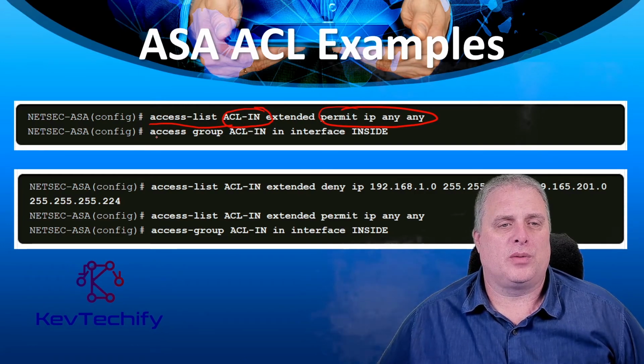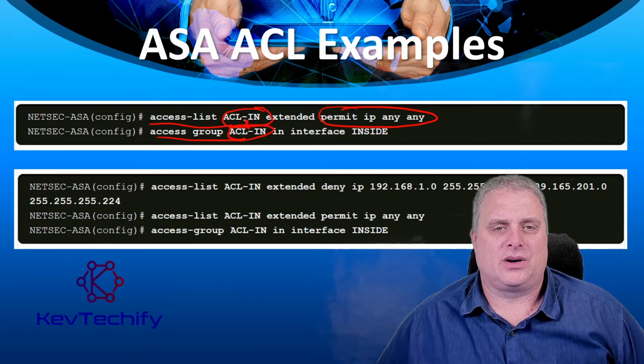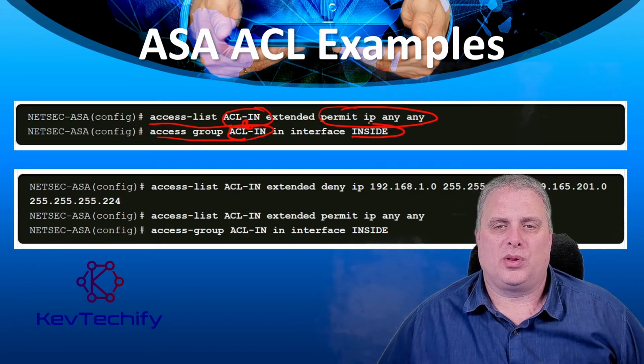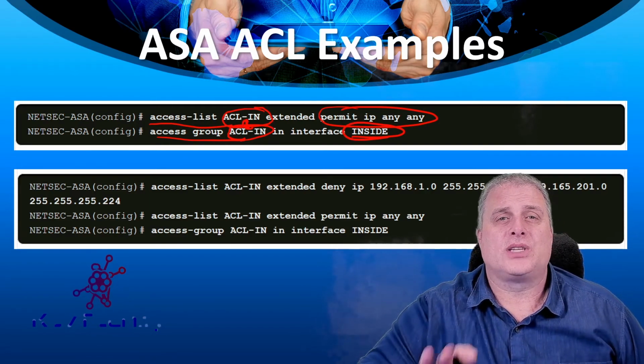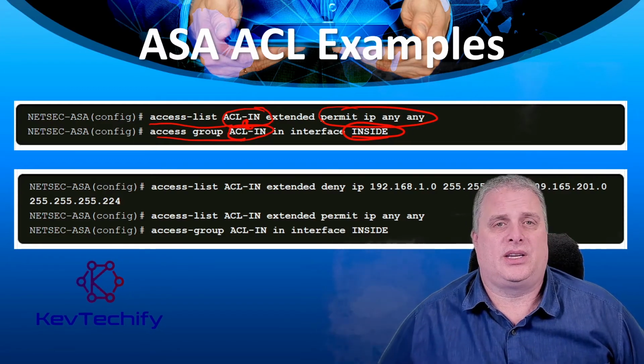Then we apply that access list, and once again these two names are identical. And then what interface are we applying it to? And so once again, this ACL allows all hosts on the inside network to go through the ASA.